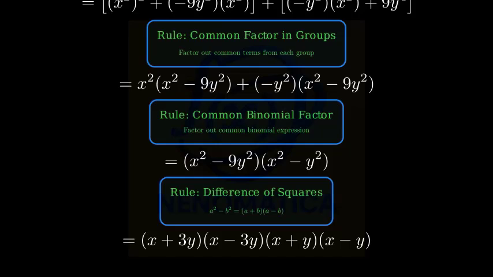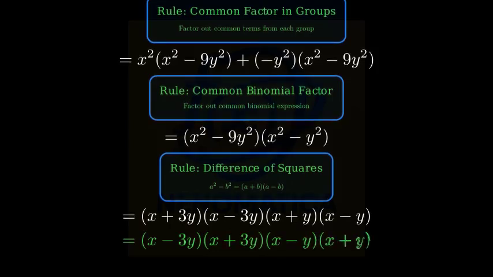And x squared minus y squared equals open parenthesis x plus y close parenthesis times open parenthesis x minus y close parenthesis. So our final factored form is open parenthesis x minus 3, y close parenthesis times open parenthesis x plus 3, y close parenthesis times open parenthesis x minus, y close parenthesis times open parenthesis x plus y close parenthesis.